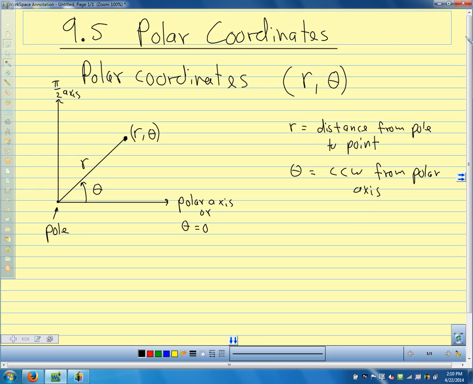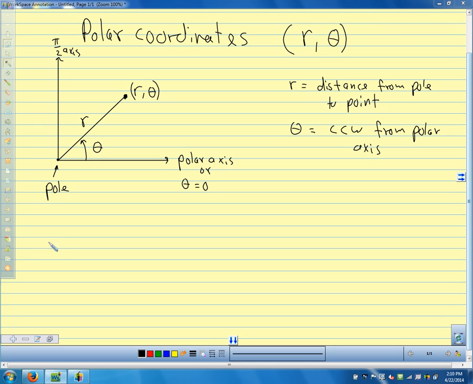So let's look at a couple of examples. We'll start with some easy ones. We just want to plot these points. Plot (2, pi over 4). That's a point in polar coordinates. If I draw a little graph here, this is my 0 axis, and this is my pi over 2 axis.